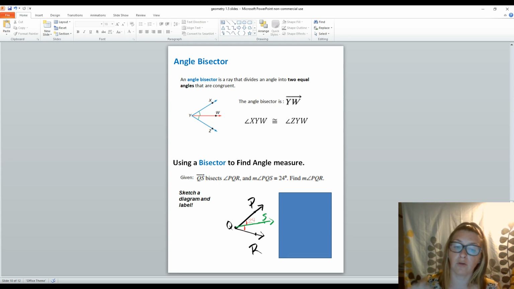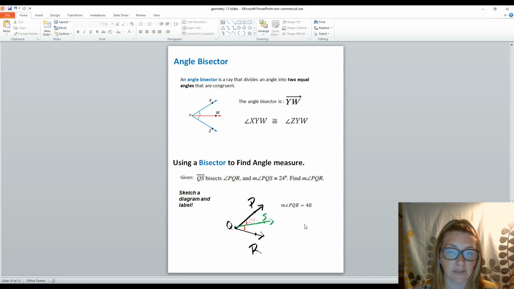You should have your angle markings, you should have all the lettering as well, and the 24 degrees should be on your picture. Now they want us to find the measure of PQR. So PQR is the entire angle made up by the two smaller angles. So if I know that PQS is 24, well, that means that RQS is 24. So I know the entire picture is 48 degrees.